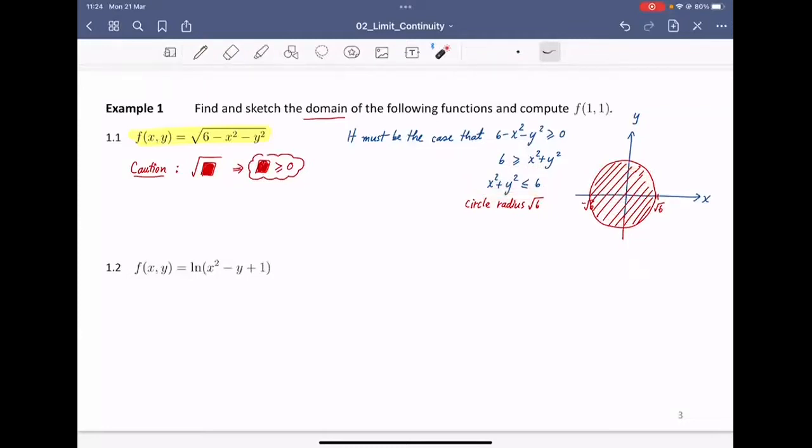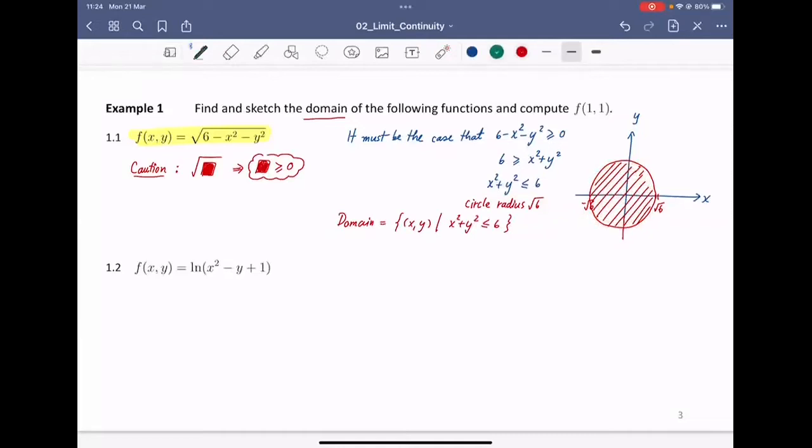So I can answer now that the domain is all possible x, y such that x squared plus y squared is less than or equal to 6. This is our domain for this question, and if you want to draw a picture, this is the picture, because any number in this area makes sense and you can compute it.